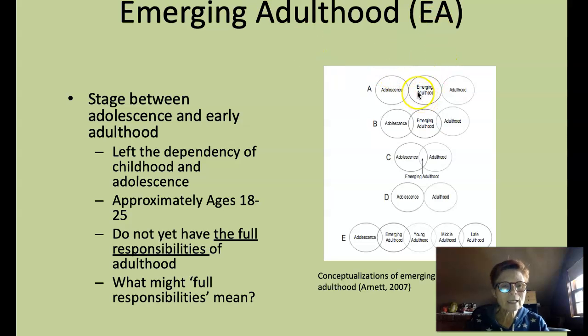And then there's this time period before, maybe developmentally, before society recognizes us as adults with full responsibility, but sort of this middle time of emerging adulthood and then adulthood, or perhaps even more appropriately, this slight overlap.